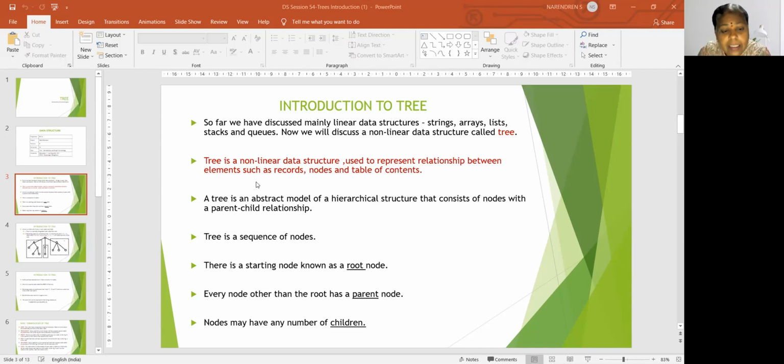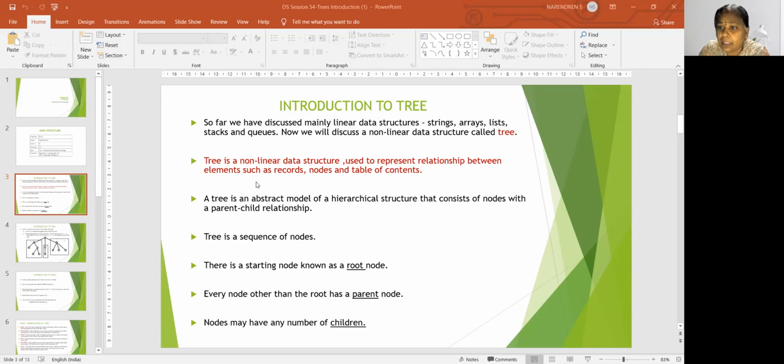So a tree is a sequence of nodes, as I told you already, one by one at particular levels, like a parent, after that child, then terminal nodes. There is a starting node known as the root node in the tree. Trees always have to start with one root node.